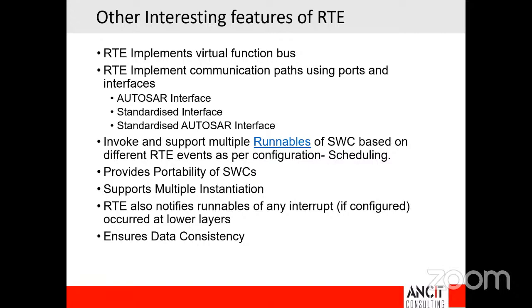So I can create instances of this runnable, so the same runnable can have multiple instances. If that runnable has to be called, then it will be called. But if both have to be executed at the same time, then it will copy that runnable into a separate memory location and execute it in parallel. So multiple instantiation is supported.